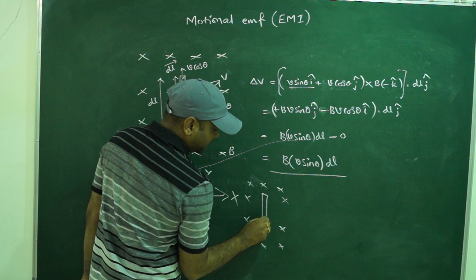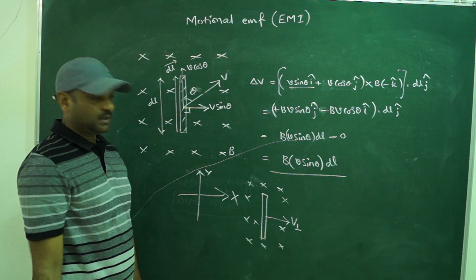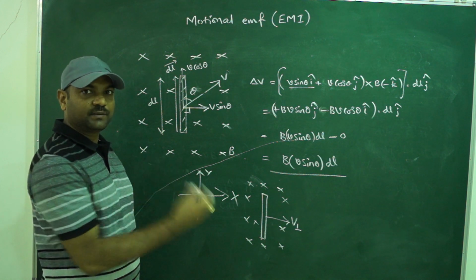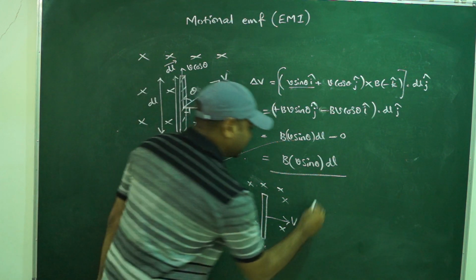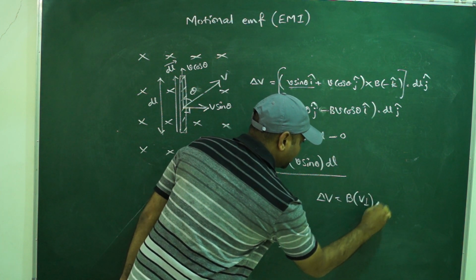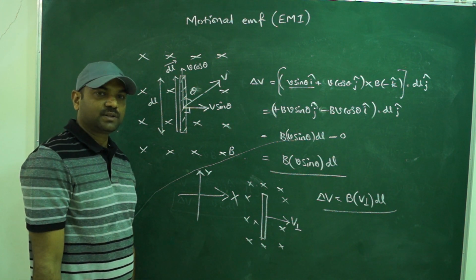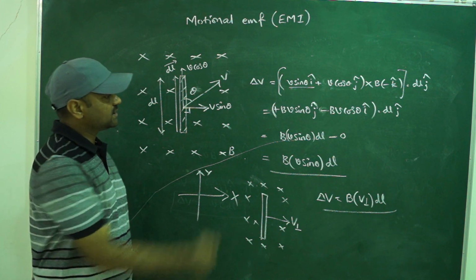Only the perpendicular velocity will give the potential difference across the rod. That implies delta V is equal to B into V perpendicular into dl. So you have to see the perpendicular velocity to the rod. That is one idea we can understand from this.